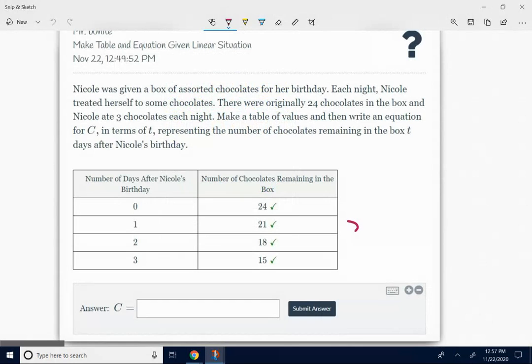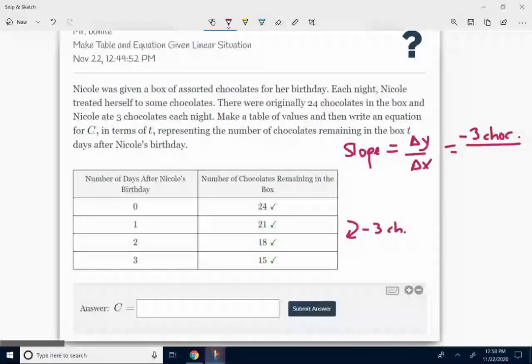To find the slope, we find the change in y values over the change in x values. Look at the y values. The y values are decreasing by 3 chocolates. See how they're going down 3 chocolates every time you go down the table? The change in y would be -3 chocolates. I'm sticking labels with my change in y and my change in x so you can see this better.